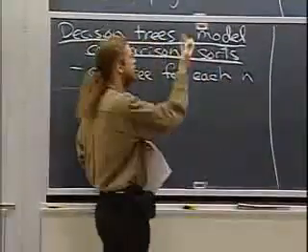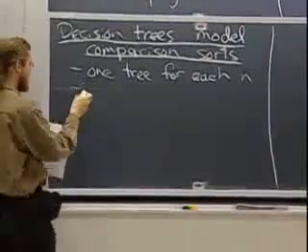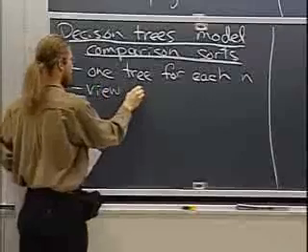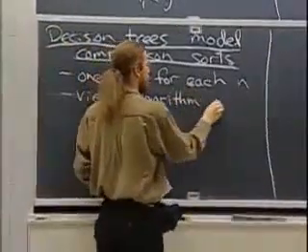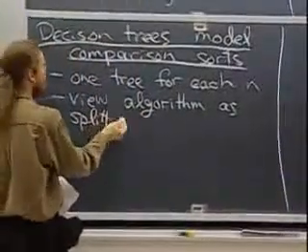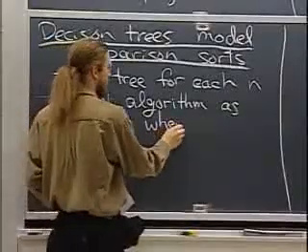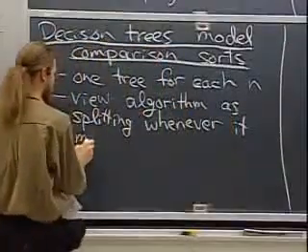As you mentioned, the decision trees depend on n. The algorithm hopefully depends on n, but it works for all values of n. And we're just going to think of the algorithm as splitting into two forks, the left subtree and the right subtree, whenever it makes a comparison.